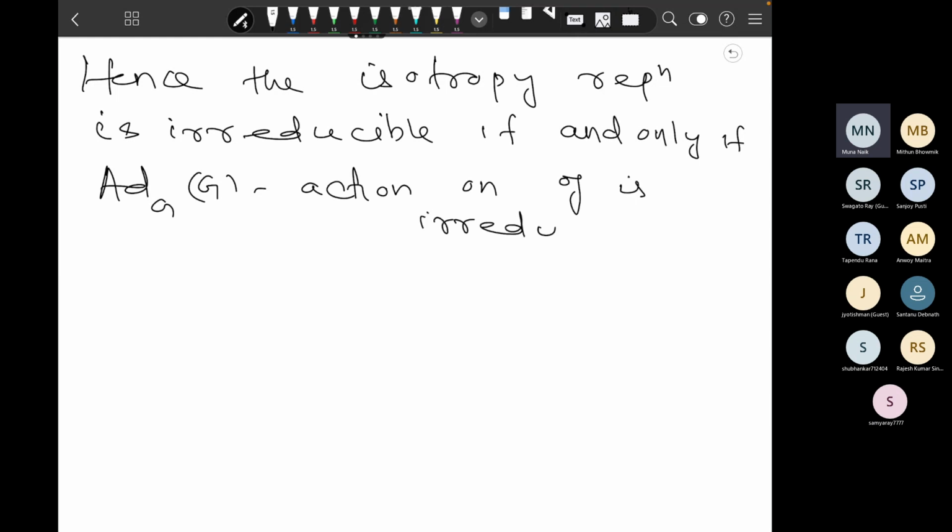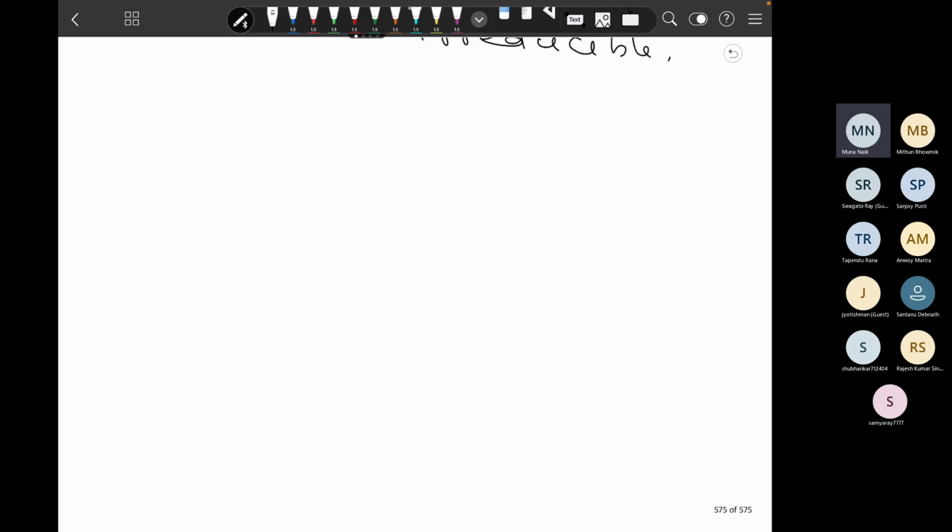And therefore there will exist a unique bi-invariant Riemannian matrix on G. I am not writing this. Thus we have proved the following.